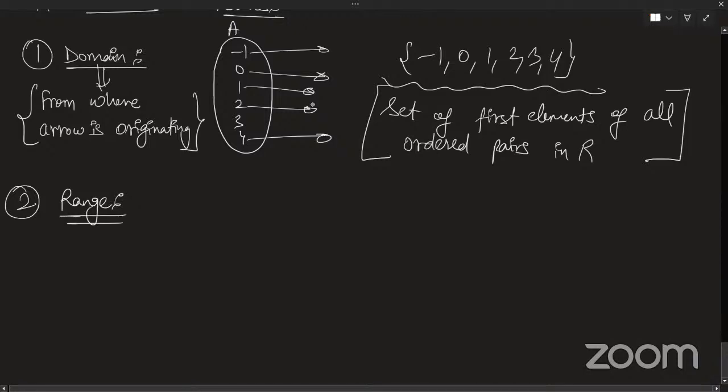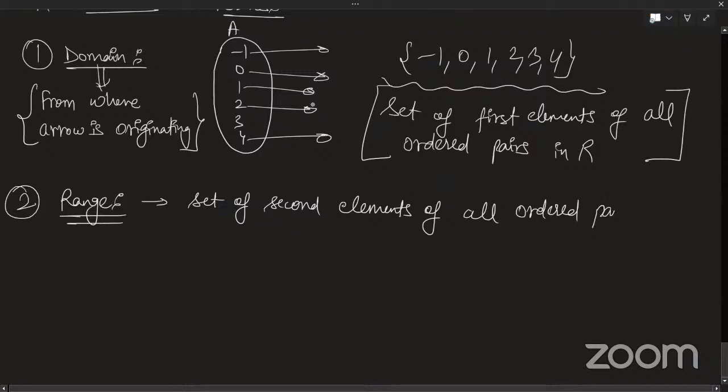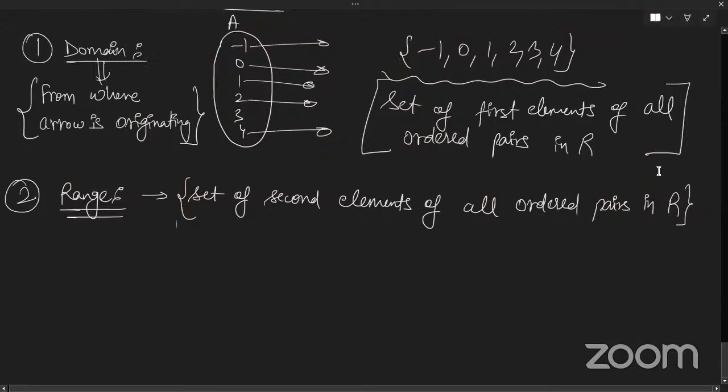Range is the set of second elements of all ordered pairs.